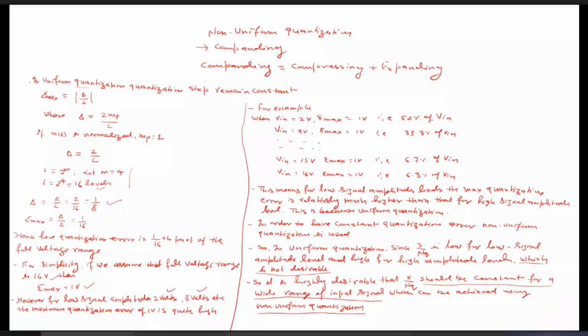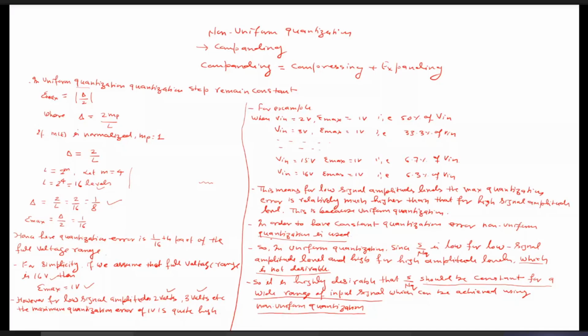It means that for low level amplitude, the maximum quantization error is relatively high as compared to high level amplitude signals. So in order to have a constant quantization error, non-uniform quantization is used.